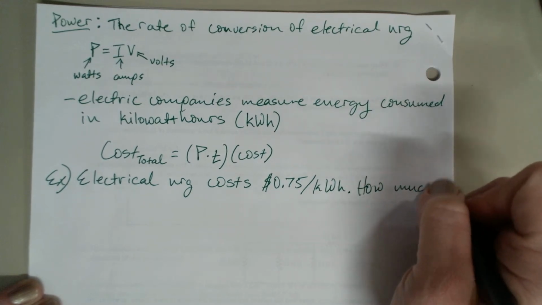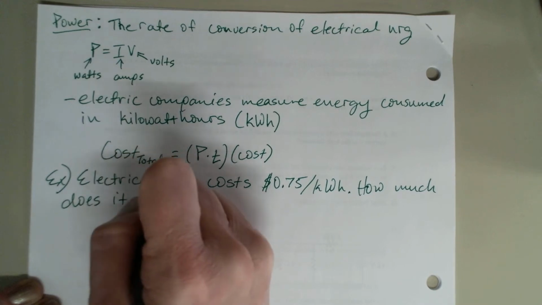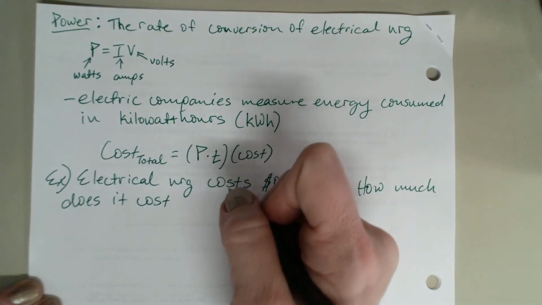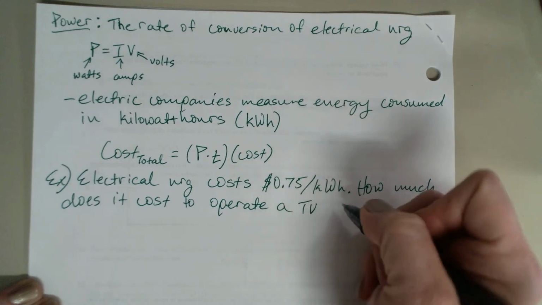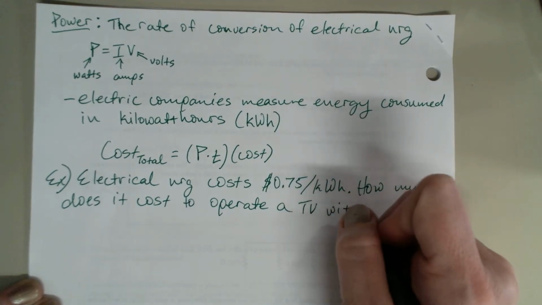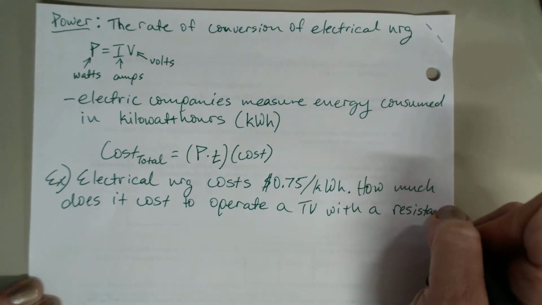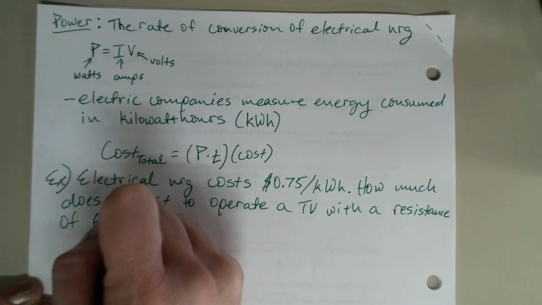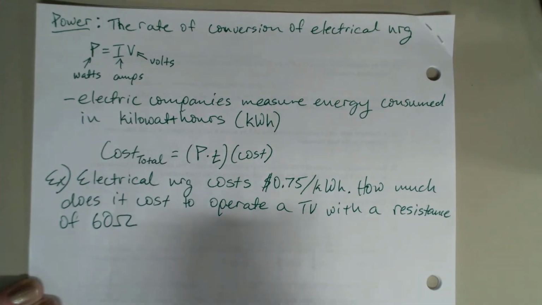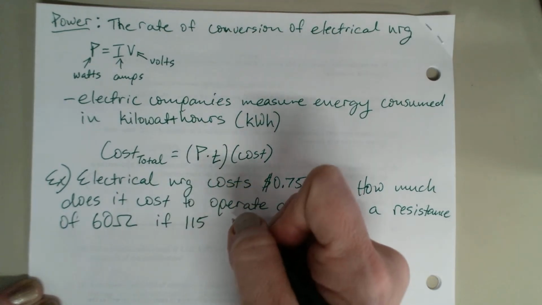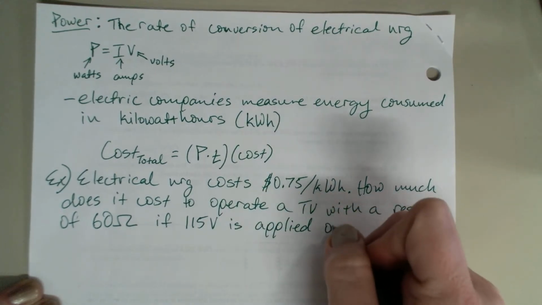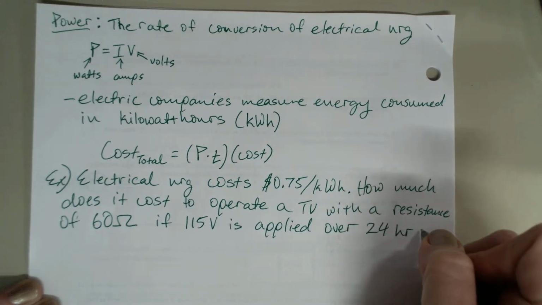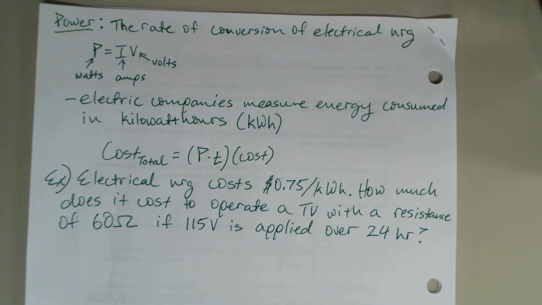How much does it cost to operate a TV with a resistance of 60 ohms if 115 volts is applied over 24 hours? Now, hopefully you're not watching TV for 24 hours, but if you were, we're going to calculate how much it would cost on the energy bill.